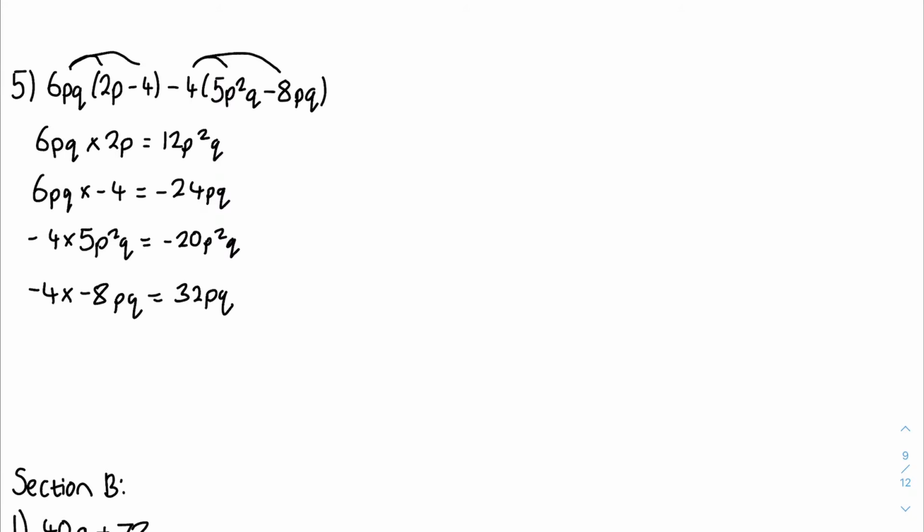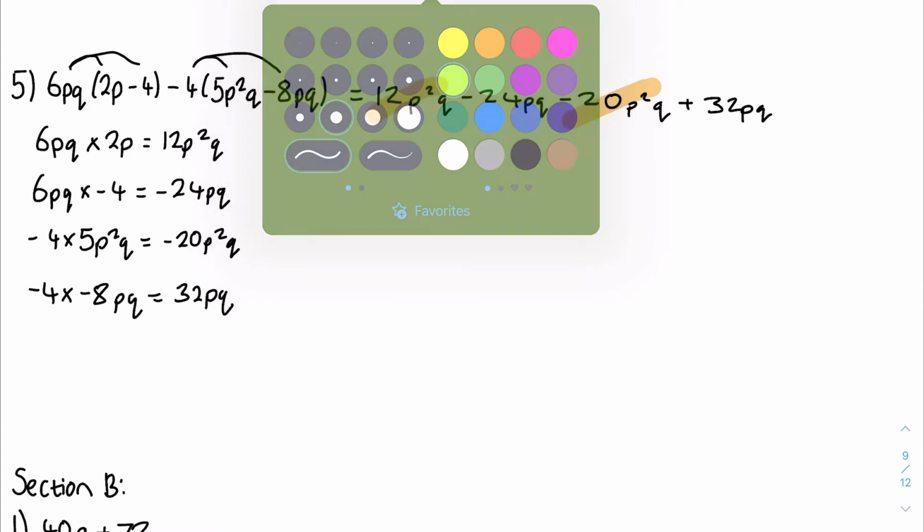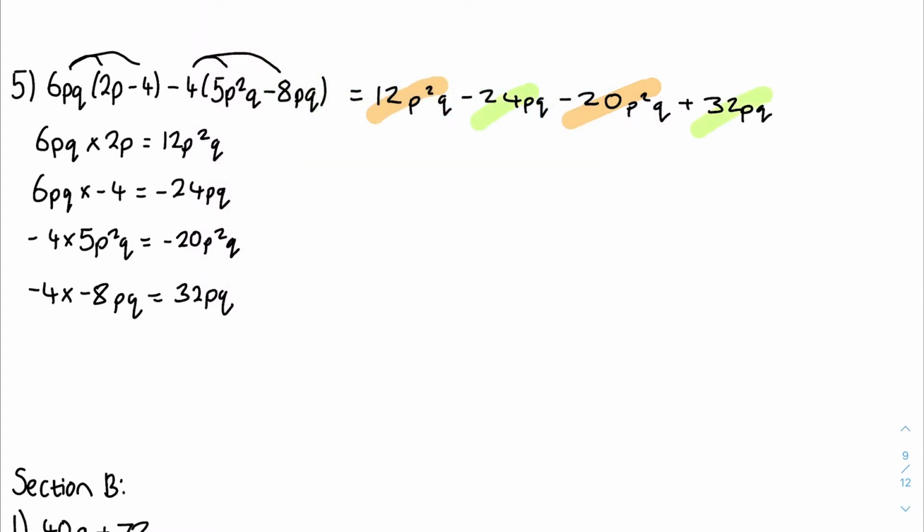So simplifying this all, we're going to end up with 12p squared q minus 24pq minus 20p squared q plus 32pq. We can then show our p squared q terms in orange and our pq terms in a light green colour.